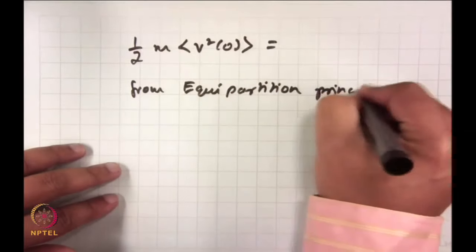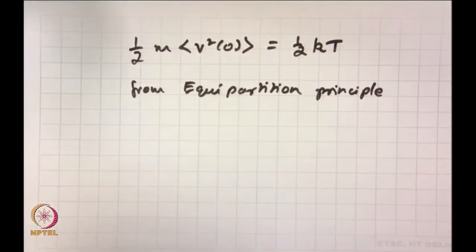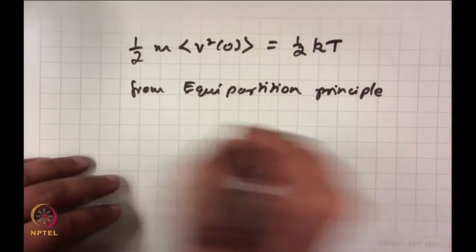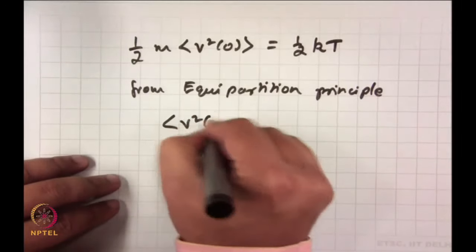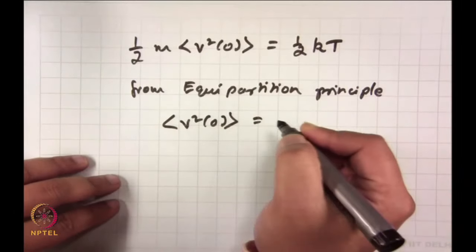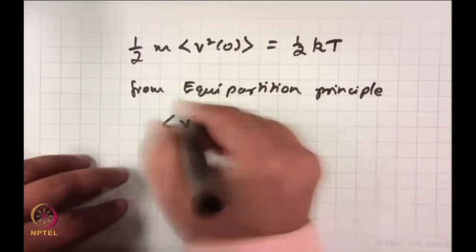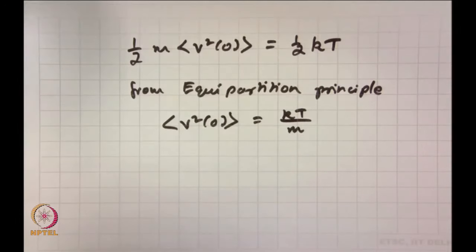So, this should be equal to half k T, where k is the Boltzmann constant, T is the temperature, right. So, you can replace v square 0, the ensemble average, by k T over m.